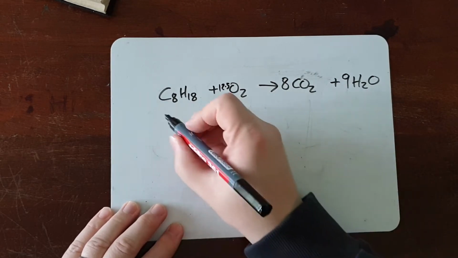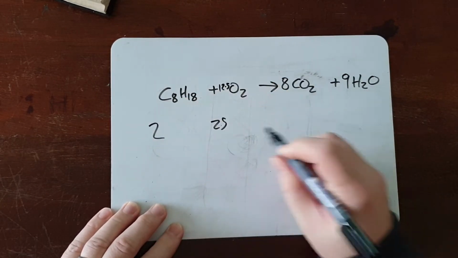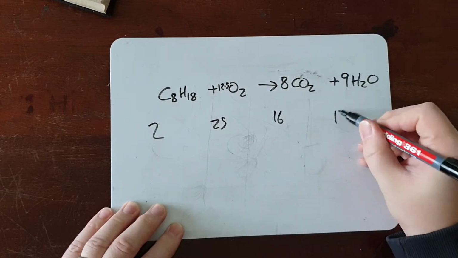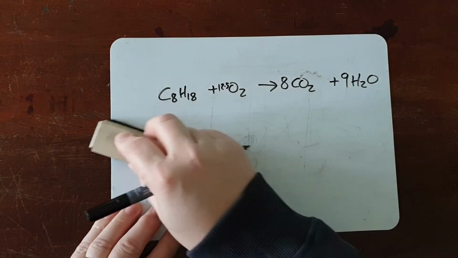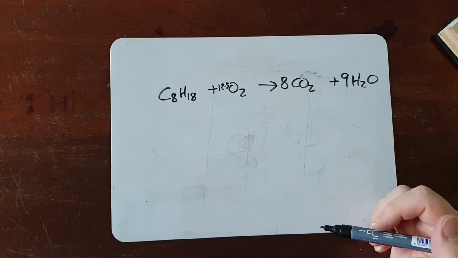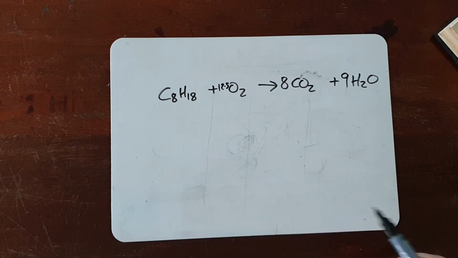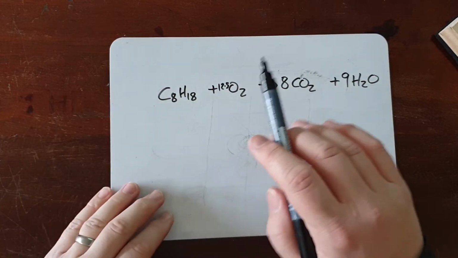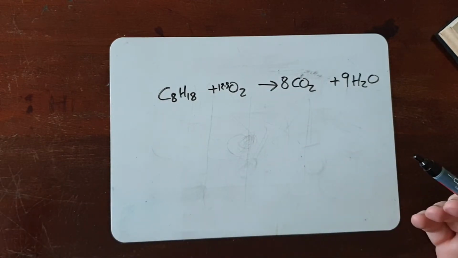You could double them all up, right? You could put a big 2 there, make that 25, make that 16, and make that 18, but it's just easier to have the 12.5. So complete combustion of any hydrocarbon makes carbon dioxide and water and produces energy.